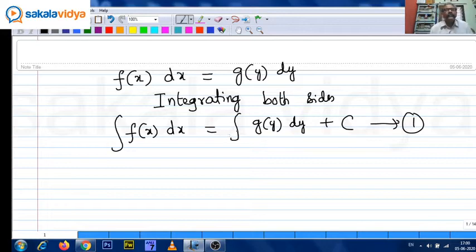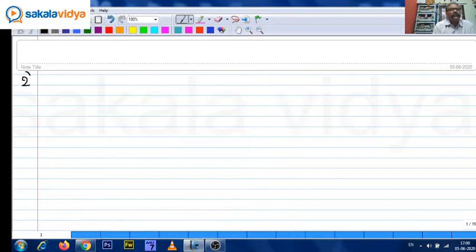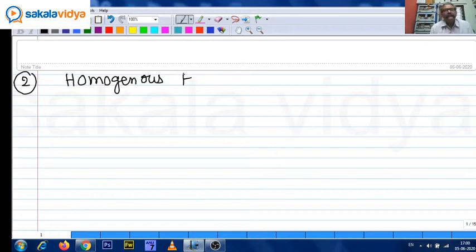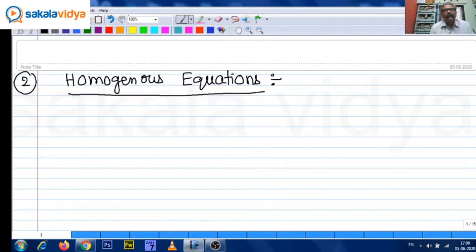Okay, this may be homogeneous, may not be homogeneous, we do not know. But next is homogeneous equations. The second one is homogeneous equations. I will explain once again.